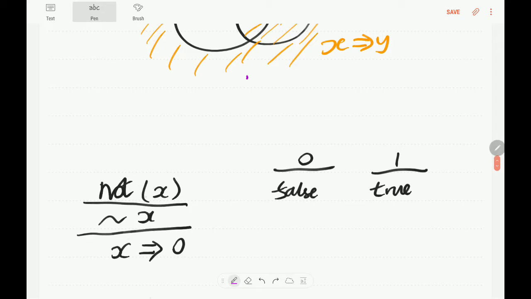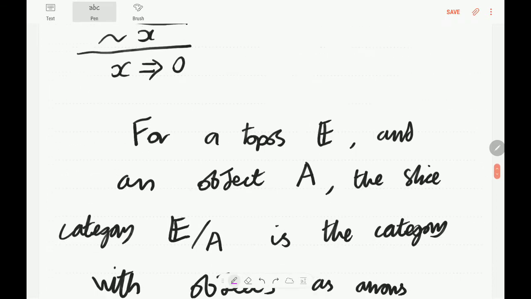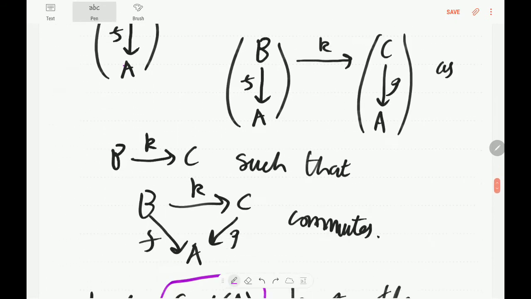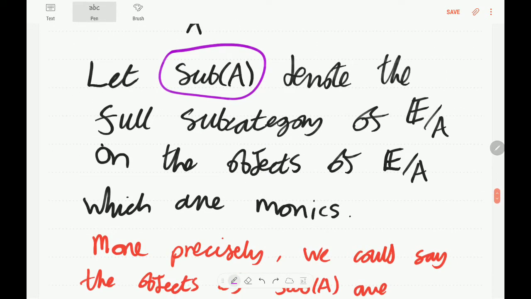Not x, in terms of the operation involving subobjects, can be thought of as x double arrow 0 and so on. So this is extremely deep. We can basically think of all this logic as going on in this kind of context.